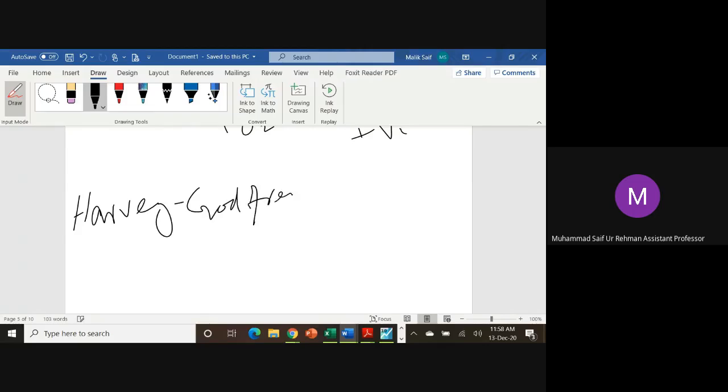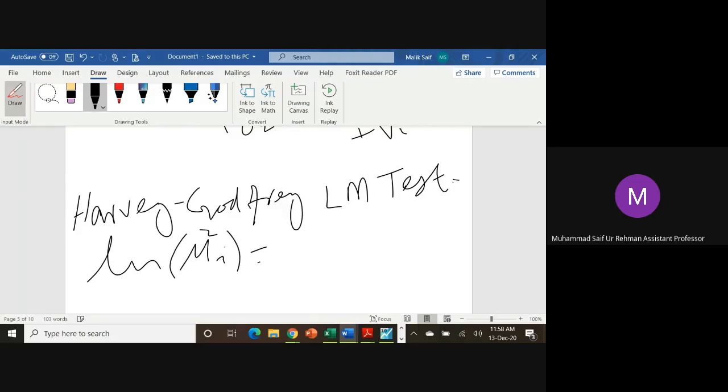If you are going to consider the Harvey-Godfrey LM test, then you will consider the log of mu i square, and the remaining right hand side will remain as it was in the previous two tests: delta naught plus delta 1 x1i plus so on.